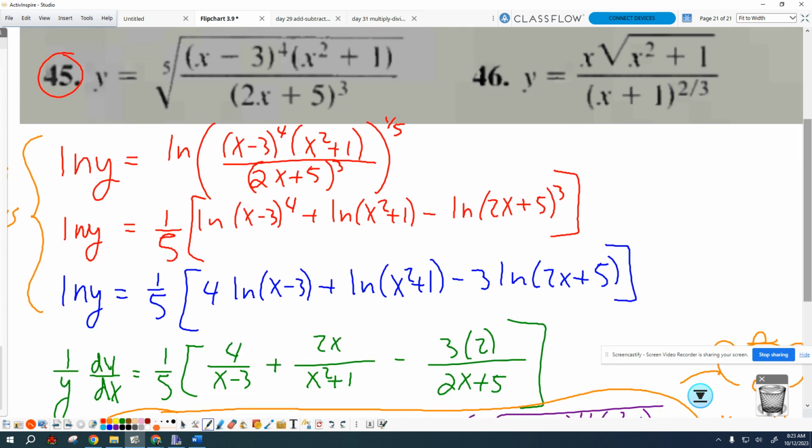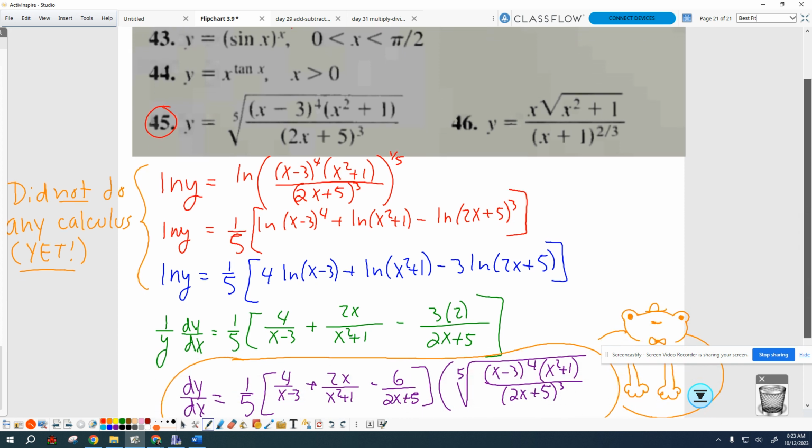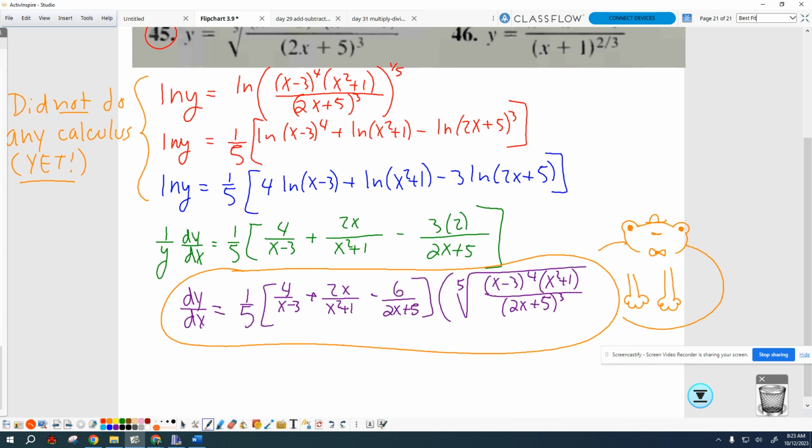But the reason that this is in this section, which I will not ask you anything like this on the test, I just want to show you, holy crap. Doing the log of both sides, that thing comes down as a coefficient. And then log has this pretty property that multiplication up top becomes plus, division becomes minus.